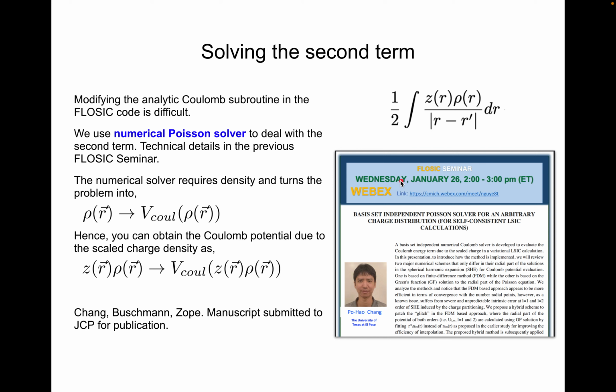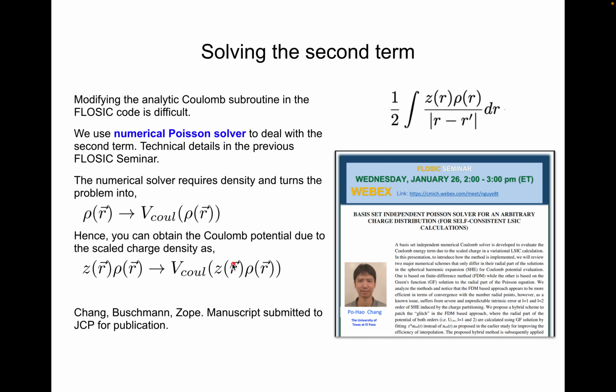The basic idea of the numerical Coulomb solver is the following. Instead of solving the Coulomb potential analytically, the numerical solver takes the electron density as an input and computes the Coulomb potential that corresponds to the inputted density. This is very useful for obtaining this scaled Coulomb term, because all you have to do is, instead of sending rho as an input, send rho times the scaling factor as an input to obtain the scaled Coulomb term like this.